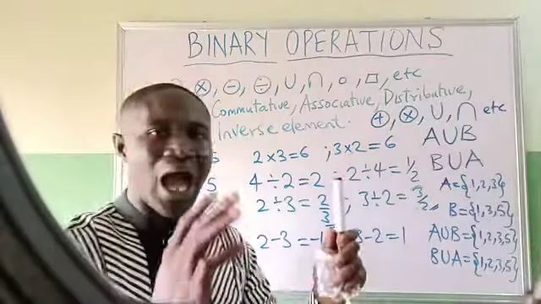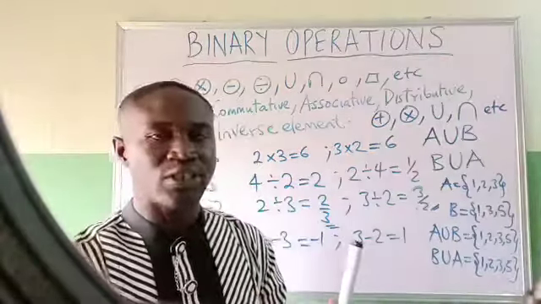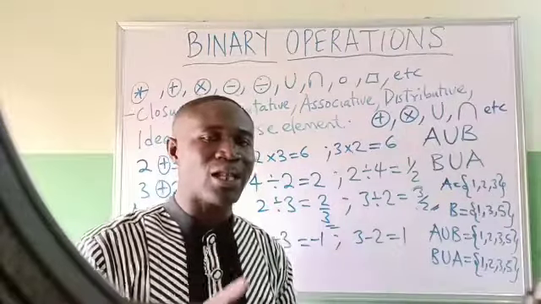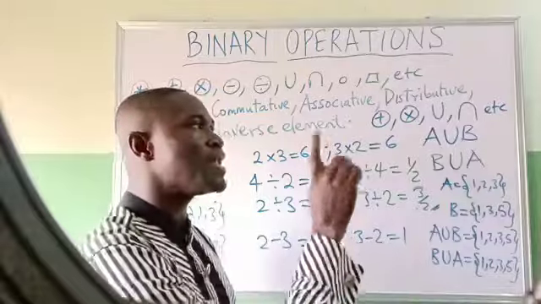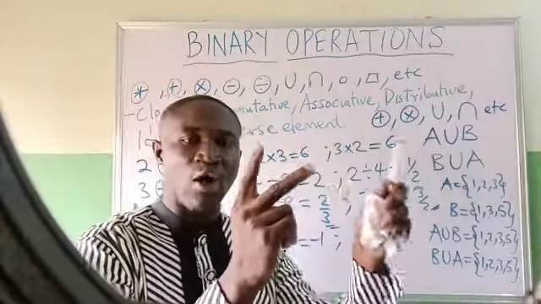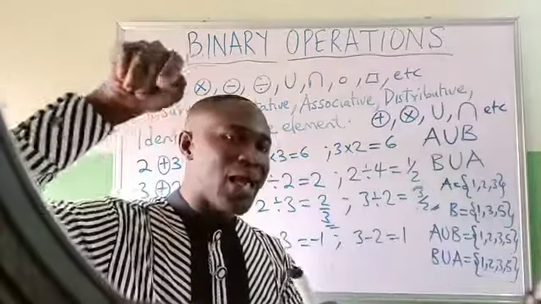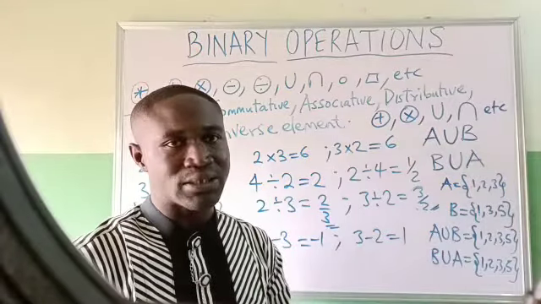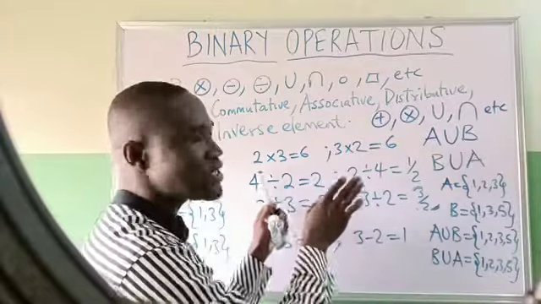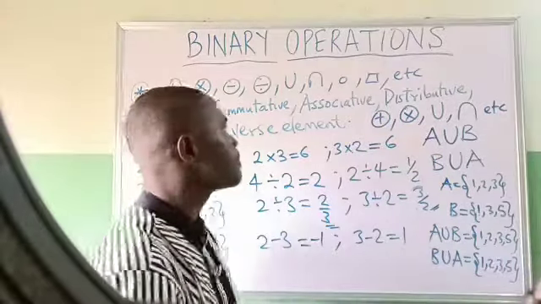Show that these are close under the set of this. Show that these are not close under the set of this. Please understand what they mean. That you are combining two elements under a certain operation to give you a third element that comes from the same set of numbers. Please understand it and apply it accordingly.